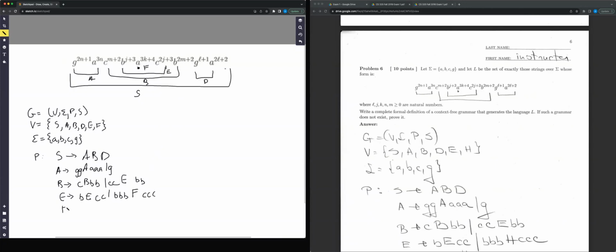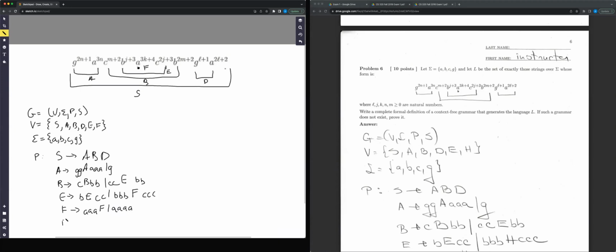Okay, and then let's define F. F is just A to the 3K plus 4, so my coefficient is 3, so 3 A's in the front. And then my base case is a plus 4, so 4 A's.